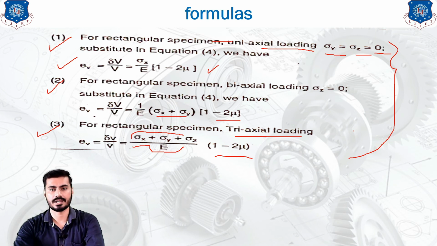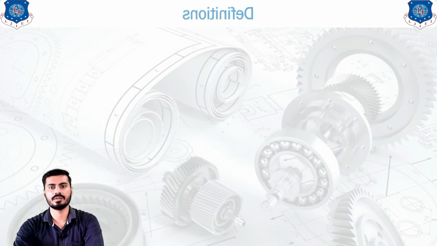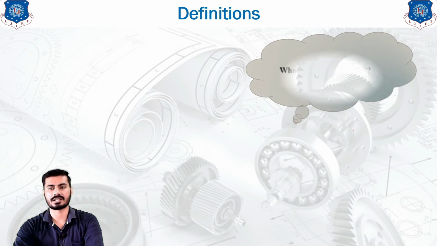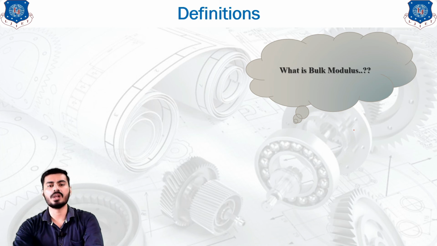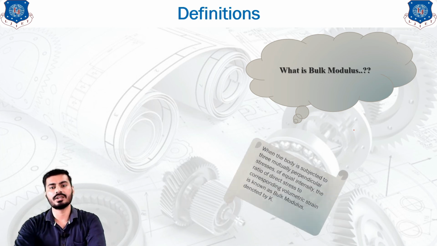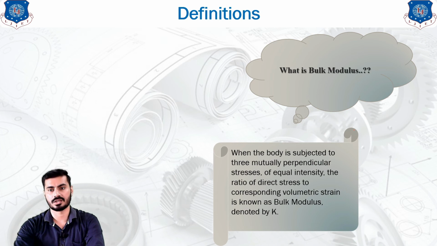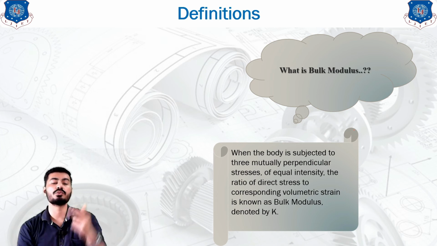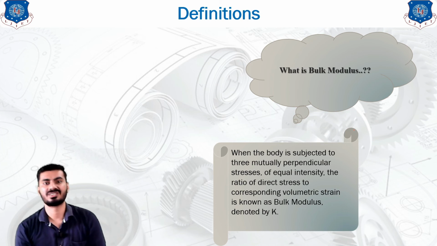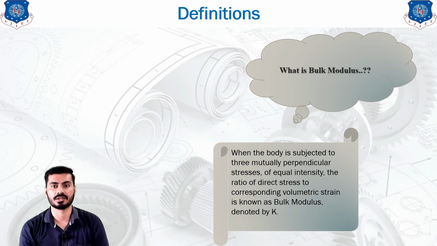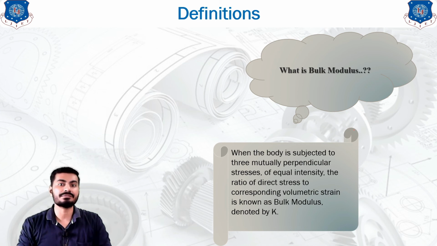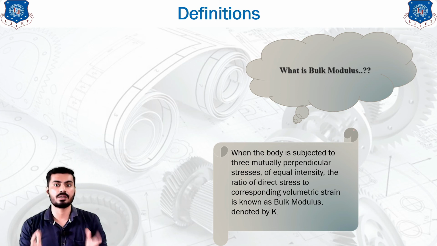Okay, so this was very nice. Now we will move on to the rest of the definitions of this lecture, and those definitions are nothing but the bulk modulus. Now what is bulk modulus? To define the bulk modulus, let me first give you a situation where the body is subjected to three mutually perpendicular loadings.